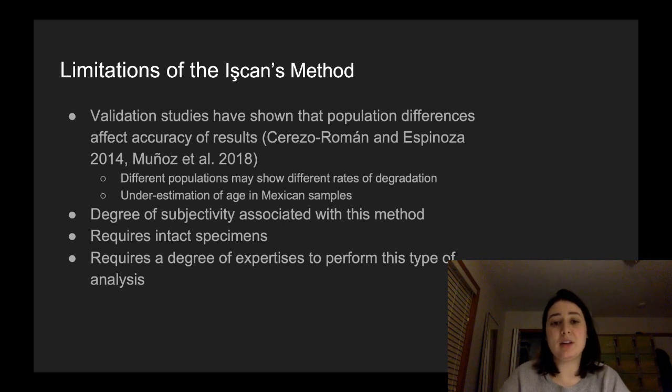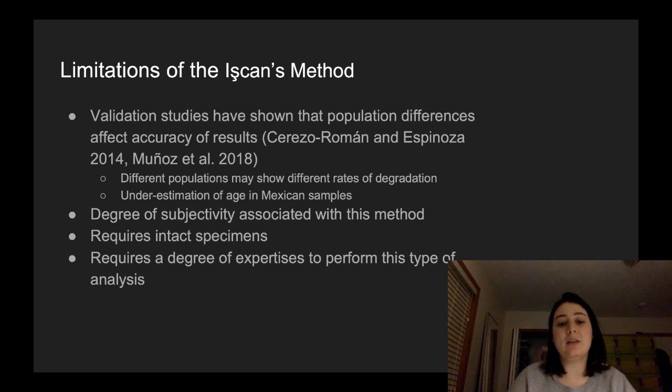In the Cesar-Roman and Espinosa study, they found that there was a lot of underestimation using the ISCAN method on Mexican samples. They also noted that the reasoning behind this could be that different populations have different rates of degradation. So it's not a one-size-fits-all for the ways in which we categorize things and the age ranges that they correspond with.